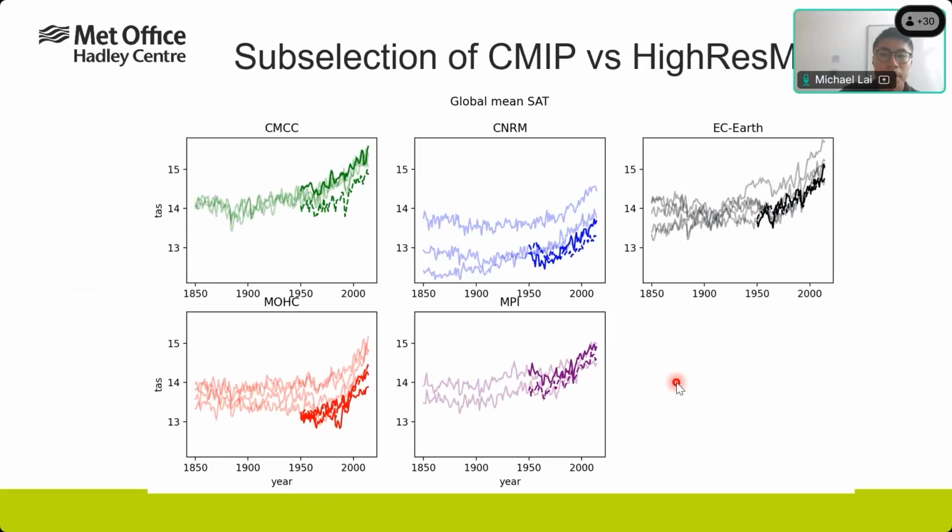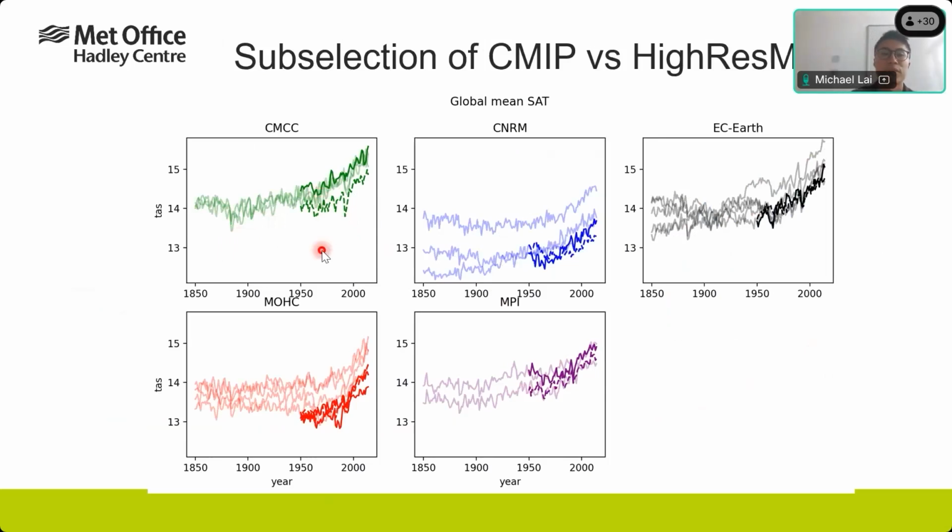The pale lines are the DECK simulations with the different models used by, say, CMCC at the top left. The darker lines are the HighResMIP simulations, where the dashed line is the high resolution version, and the solid line is the low resolution counterpart running the HighResMIP experimental design.